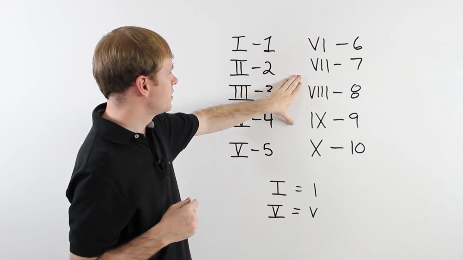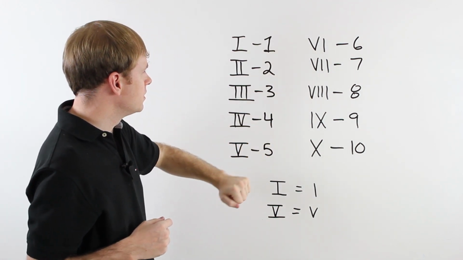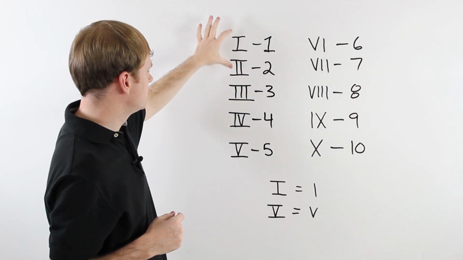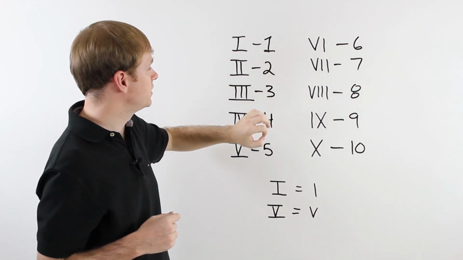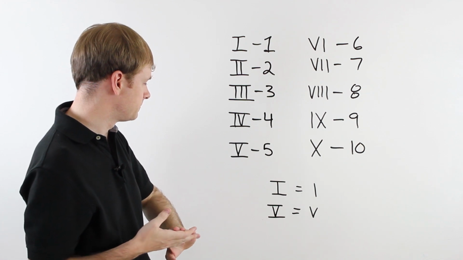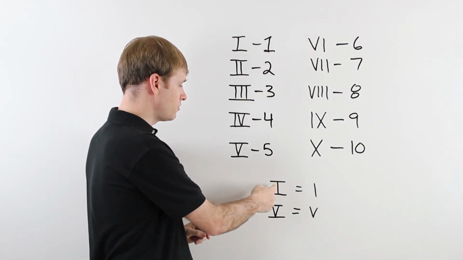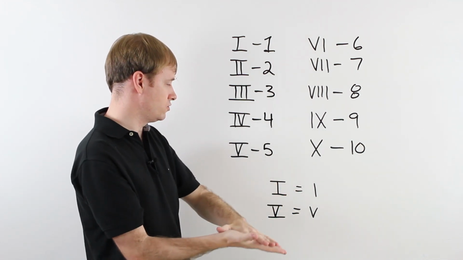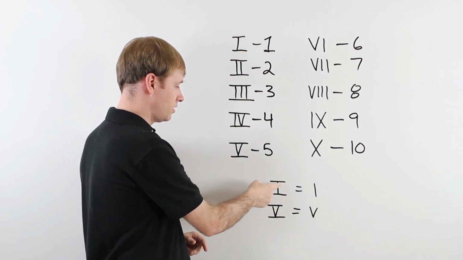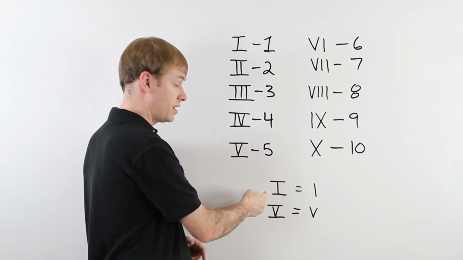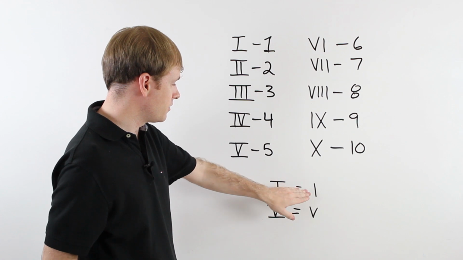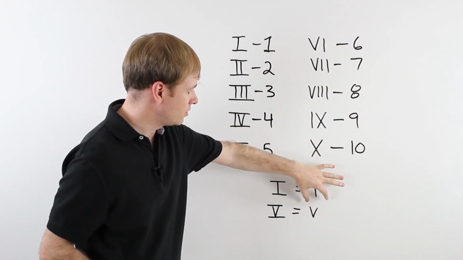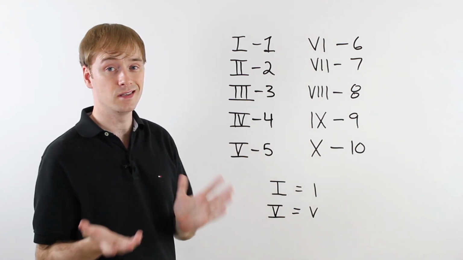Let's go to the next side, 6, 7, 8, 9, 10. Now, if you notice, I wrote them a little bit different. You can write the Roman numeral 2 styles. One style is with a line at the top and the bottom. And another style, there's no line, okay? This and this mean the same thing.